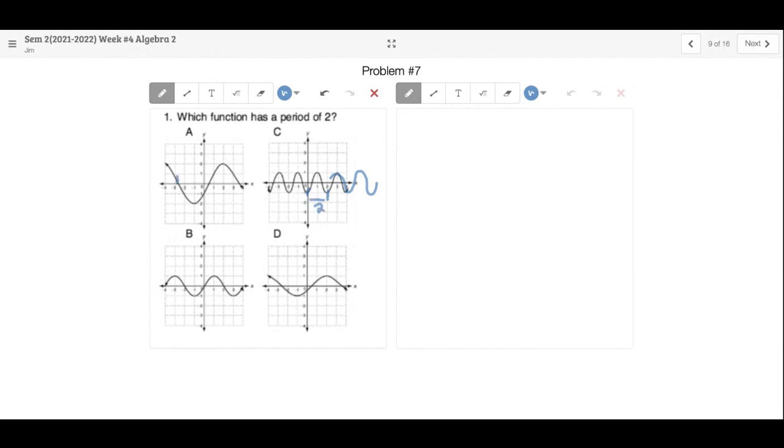In this problem, you'd have to start way over here and go way over here before it repeats. That looks like a period of 6. This one here looks like the period would be 4. And this one here, start and stop. I always try to find where it crosses. That looks like maybe 8. So letter C is period of 2.